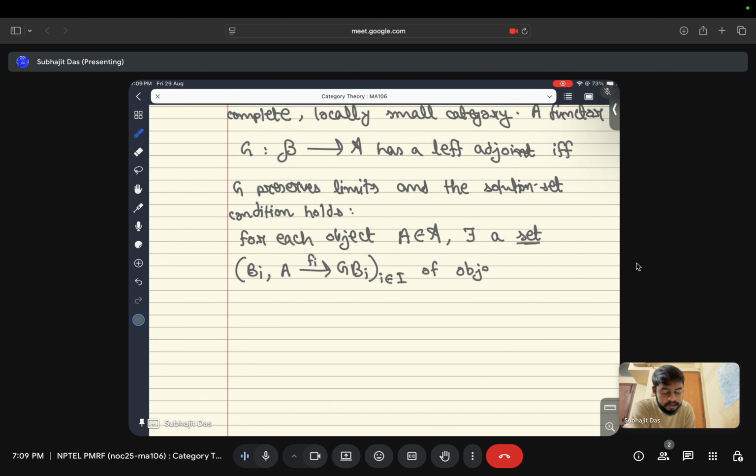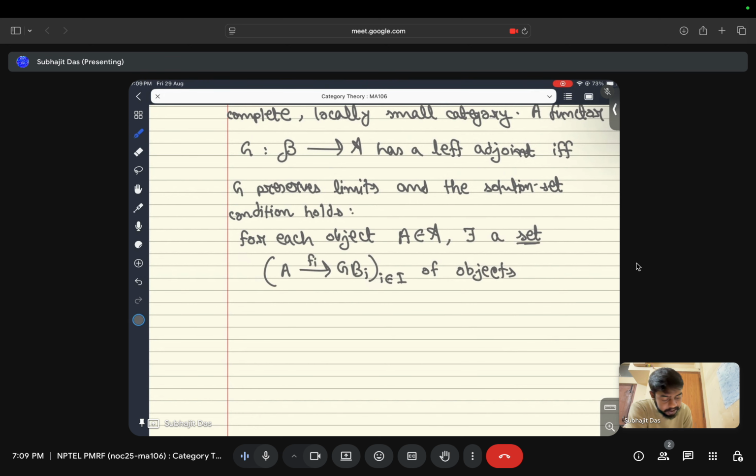Objects, let's say, or you can also put them as arrows, ignoring the first component of objects. Let's forget the first component.